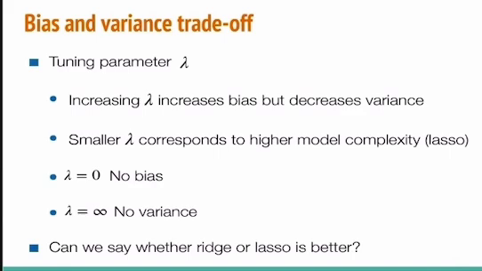And when lambda is equal to infinity, I want to consider maybe the highly sufficient values of lambda. Of course, there will be no variance. But let me tell you this: we can never achieve that. That's why we need to use a data-driven approach, so that we have a way to figure out the optimal value of lambda. Now I said something here. Can we say whether ridge or lasso is better?